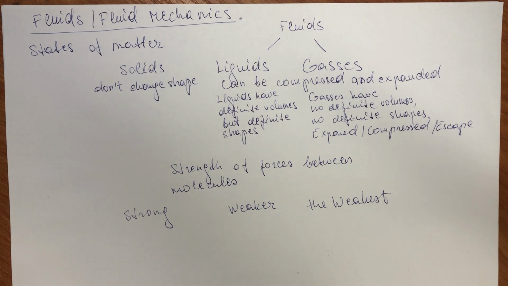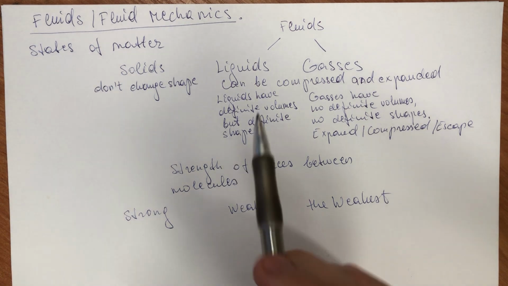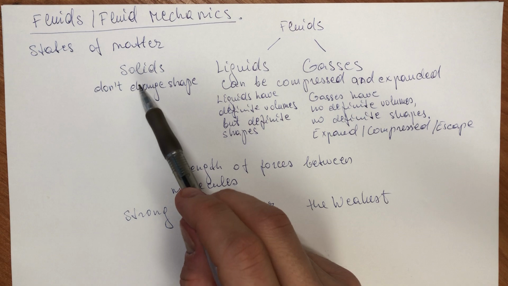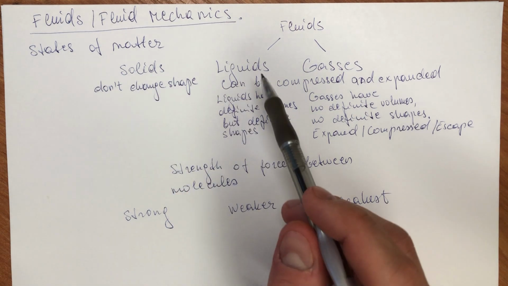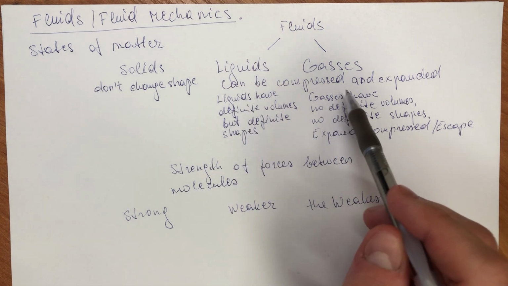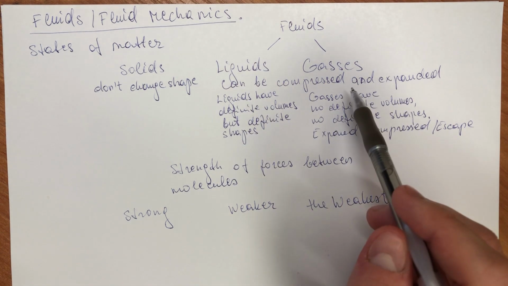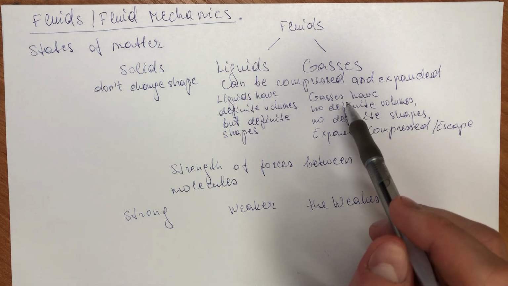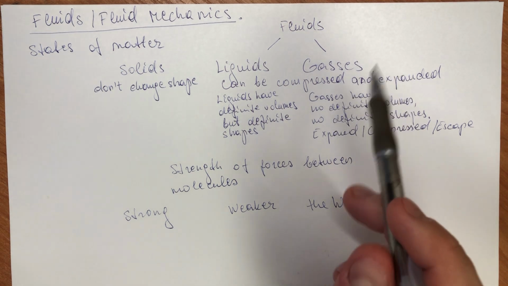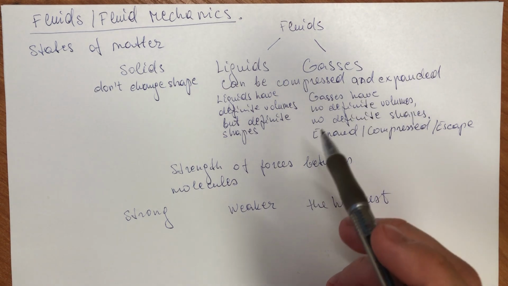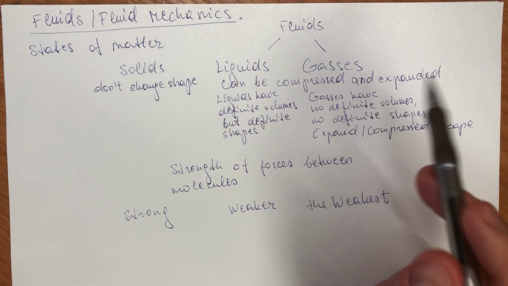So atoms are closest in solids, the closest to each other. Here they are further away from each other, and in gases there are the biggest distances between atoms, because of the weakest attractive forces.